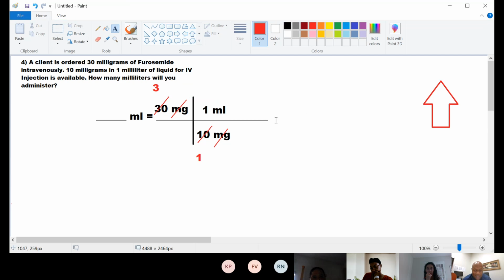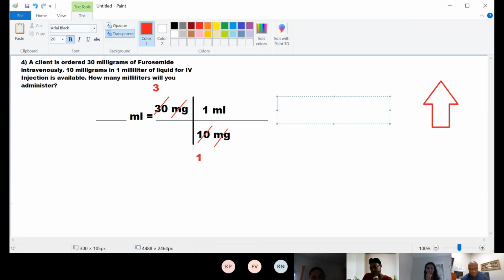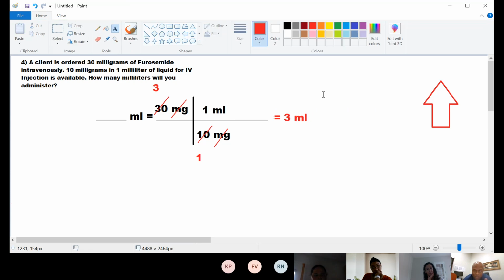And then we can see our answer. 3 times 1 at the top gives us 3 over 1. And the units that are left are mLs. So notice we saved our math for last. And by the way, no need for a calculator with this one, right?